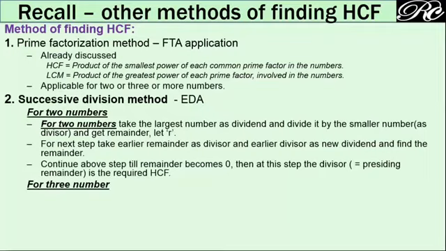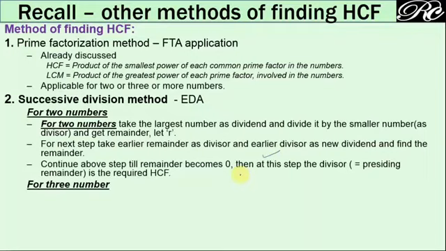Continue the above step till the remainder becomes 0. Then at the step where the remainder becomes 0, the divisor, which is the preceding remainder, is the required HCF. We will solve an example based on this to understand these steps more.